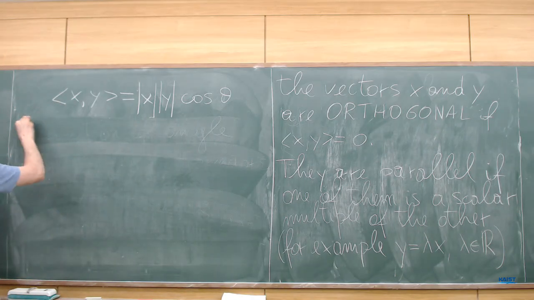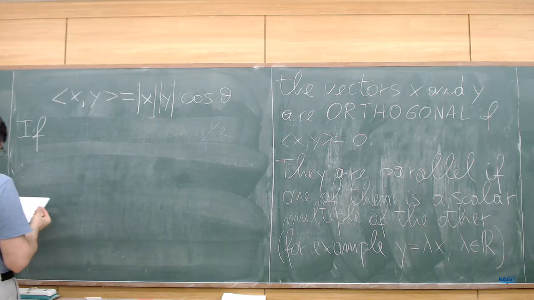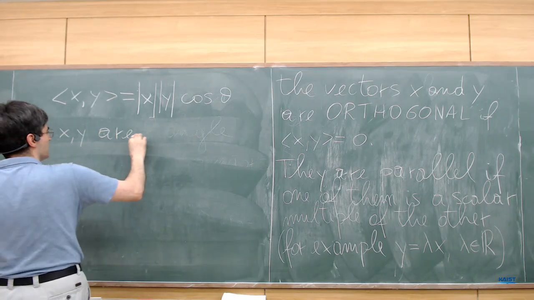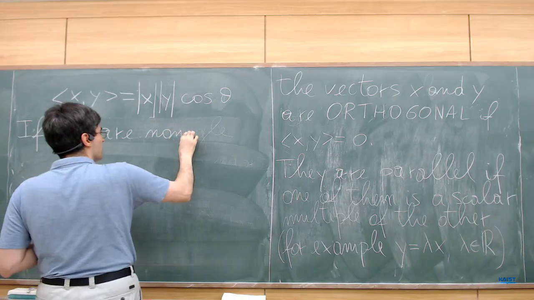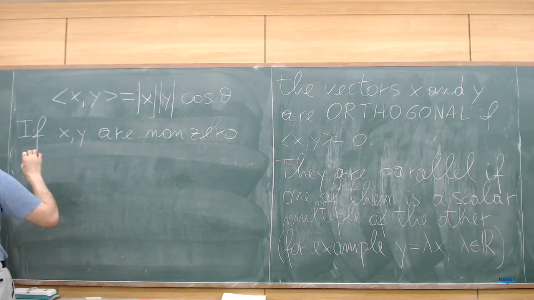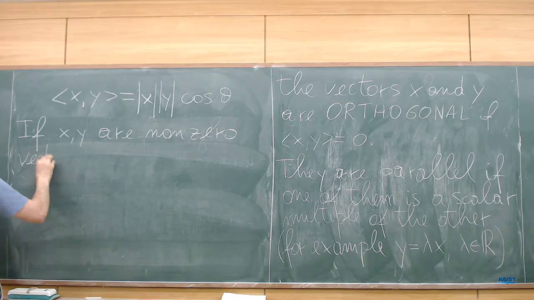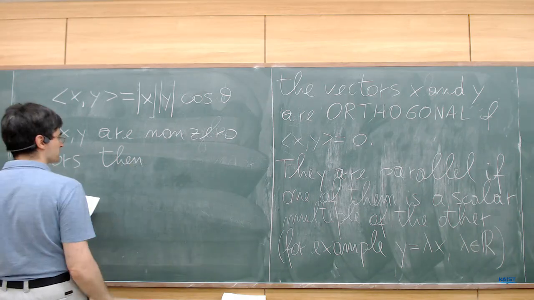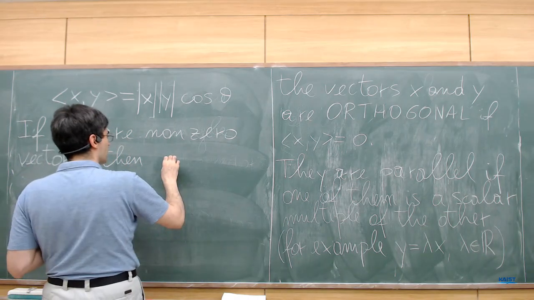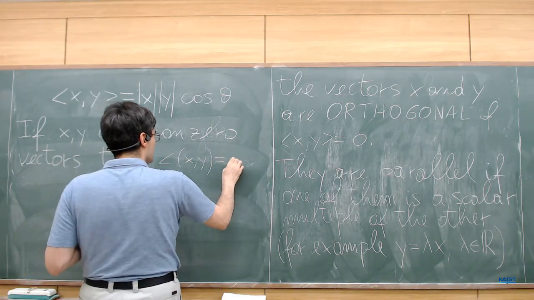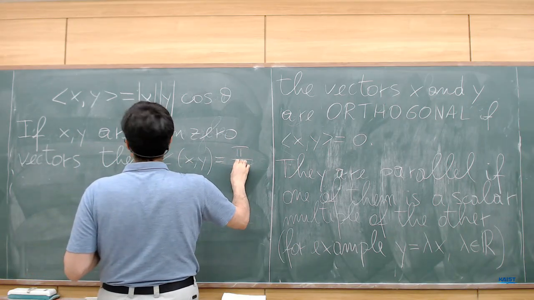If x, y are non-zero vectors, then if x and y are orthogonal, the angle between x and y is pi over 2.